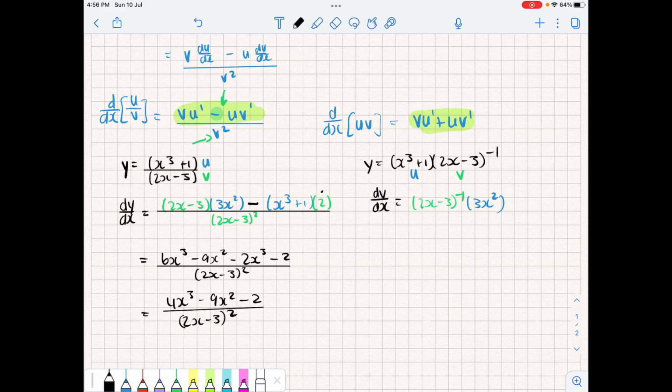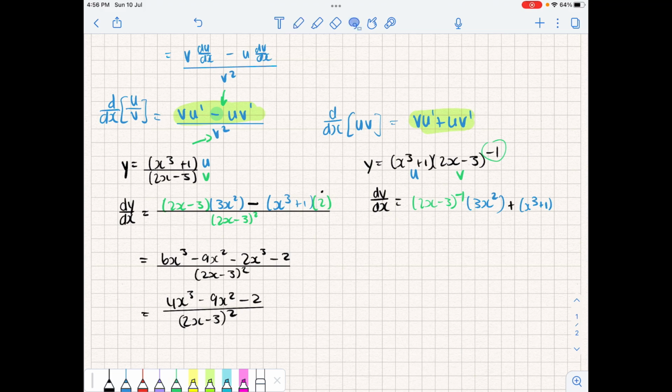And now we're going to add u, which is x cubed plus 1, and we're going to multiply by the derivative of v. So for the derivative of v, we need to use the chain rule to differentiate it. It's a function in a function.